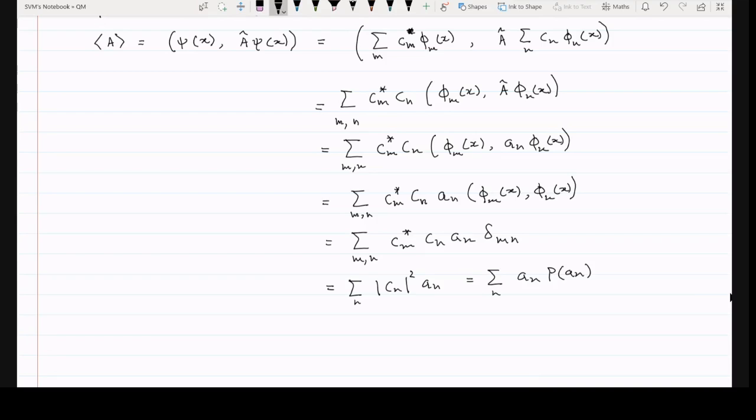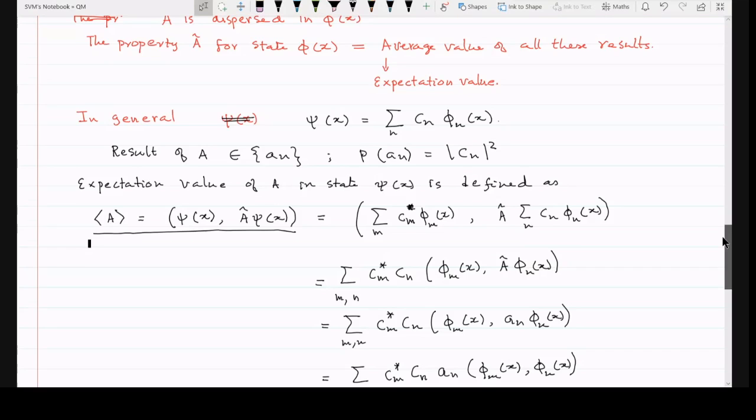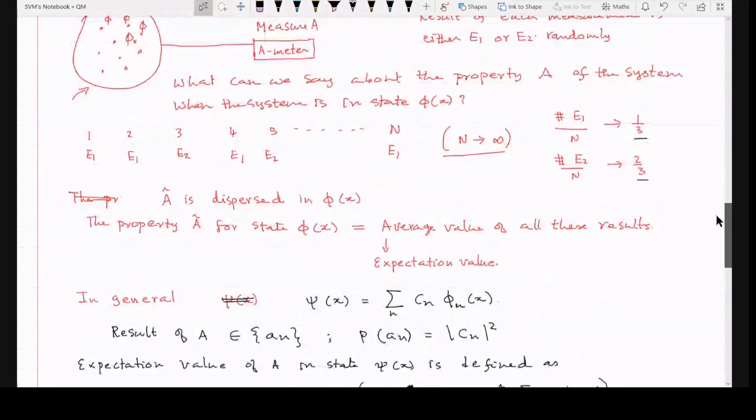So in quantum mechanics, the expectation value of any operator is postulated like this, which essentially is the average value of the possible eigenvalues that will come as the result. This is one of the postulates of quantum mechanics.